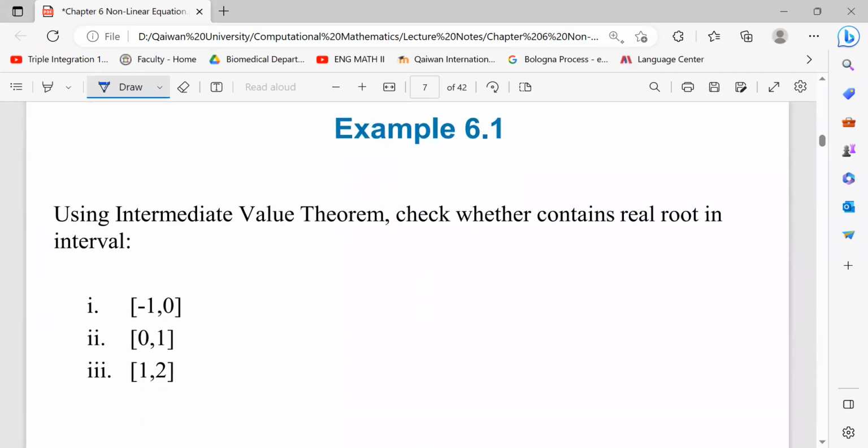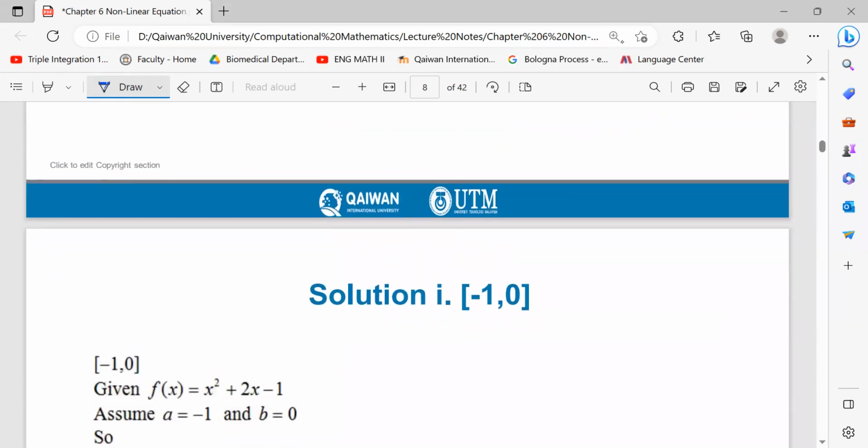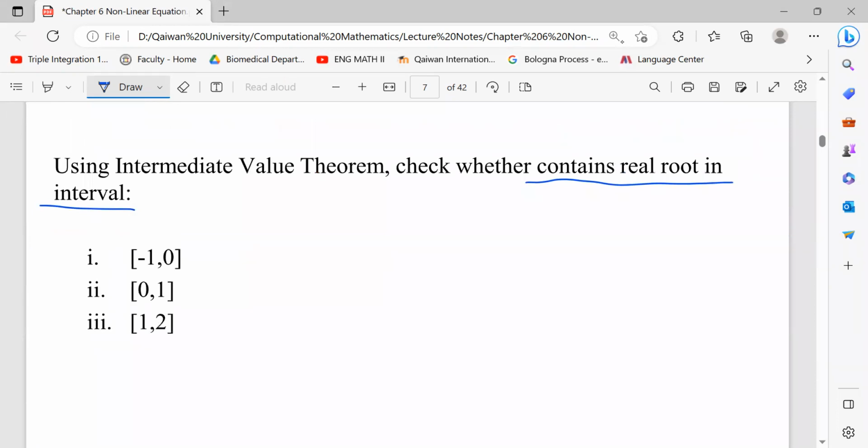It says using the intermediate value theorem, check whether the function contains a real root in the interval or not. Here the function is x squared plus 2x minus 1.